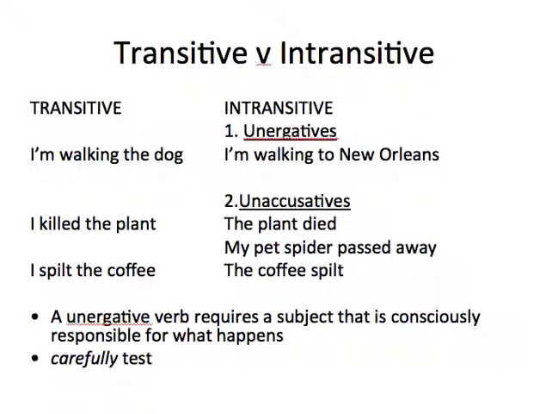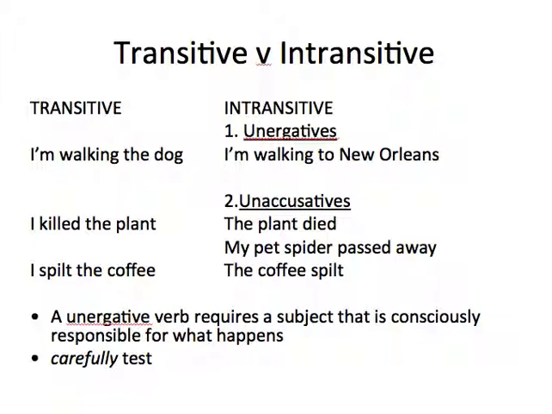Okay, so let's look at these words that we've mentioned already. First, we can talk about transitive and intransitive verbs. A transitive verb needs to have at least two arguments, and we've got what we can call an object. So I'm walking the dog. I killed the plant. I spilt the coffee.